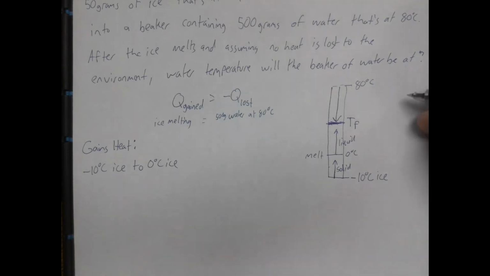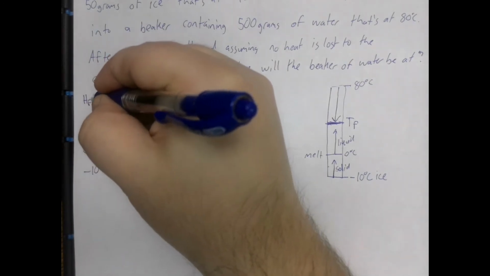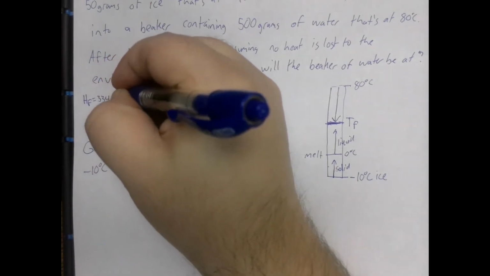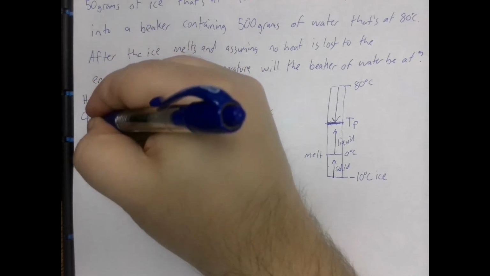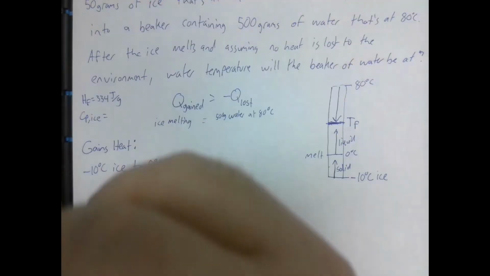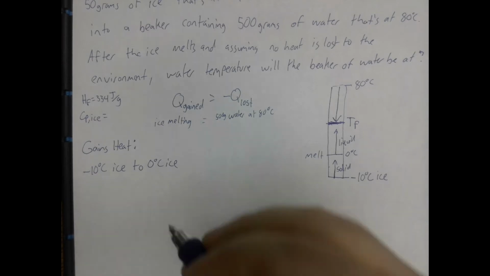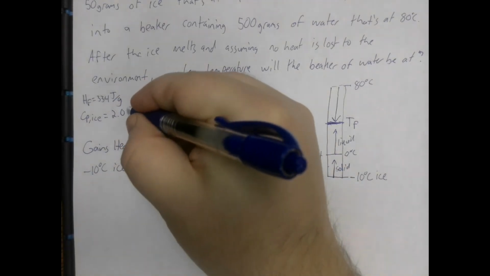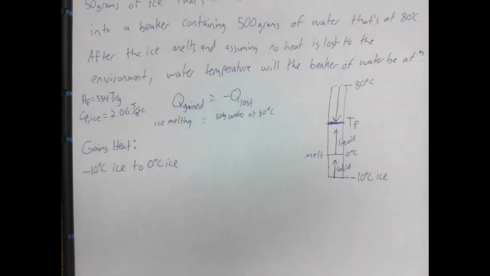I will also say that the heat of fusion of water is 334 joules per gram, and the Cp of ice is 2.06 joules per gram degree Celsius.